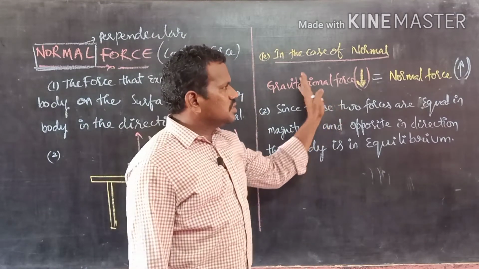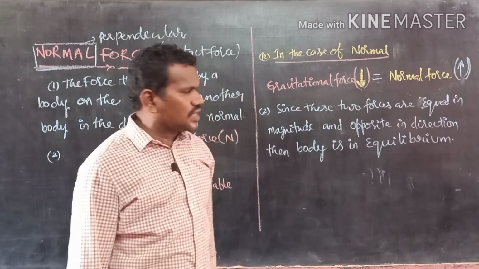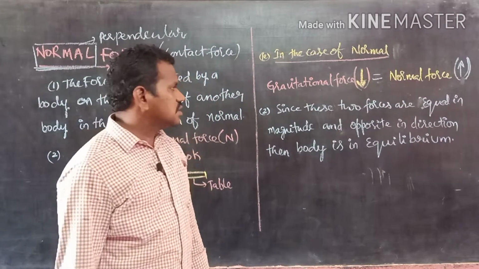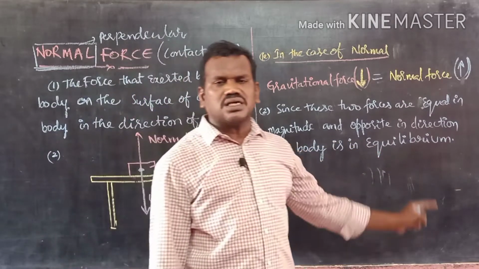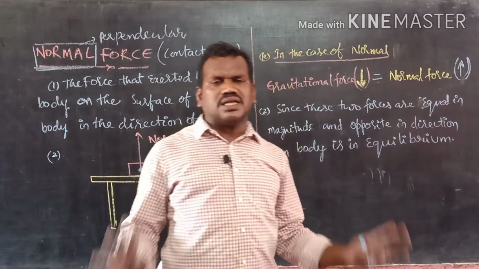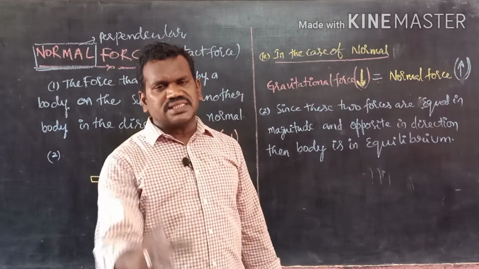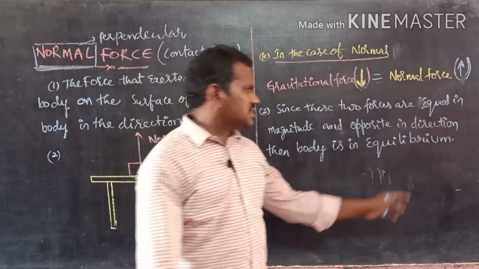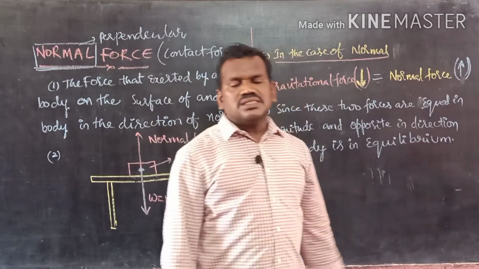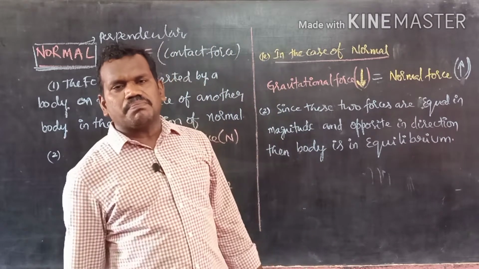Since these two forces are equal but opposite in direction, the body is not moving from its place. Means the body is at rest. Now we can say in physics that the body at rest is in static equilibrium.